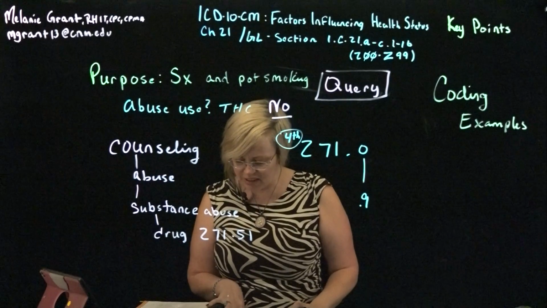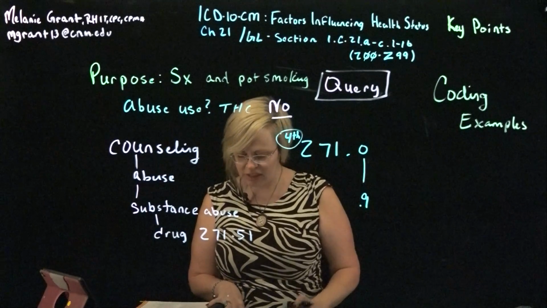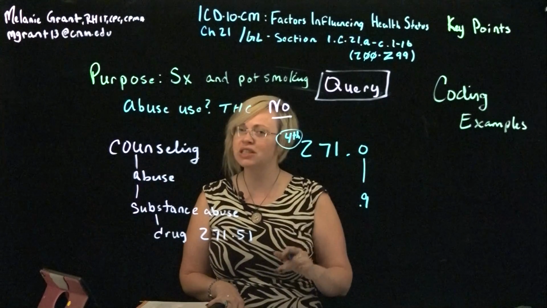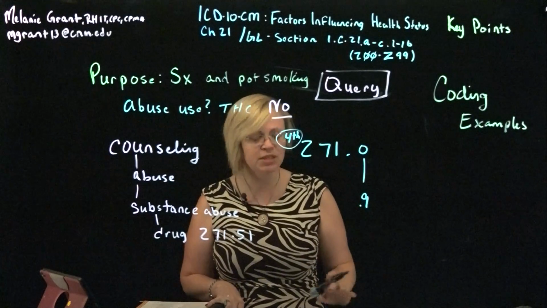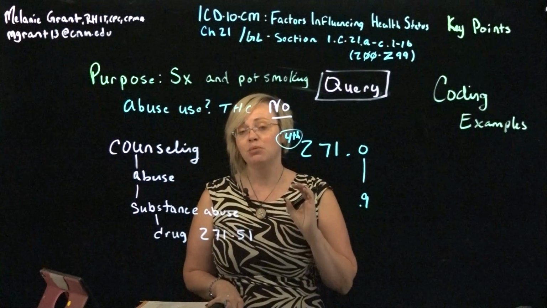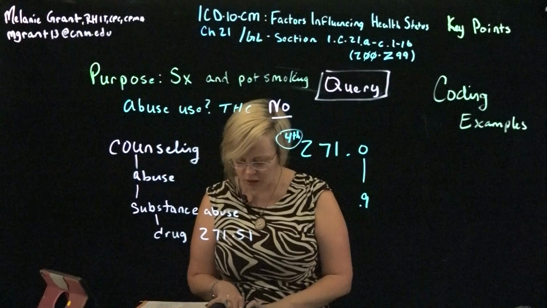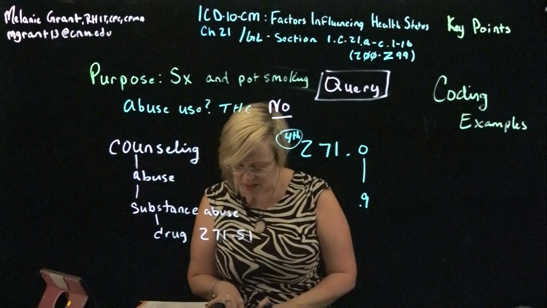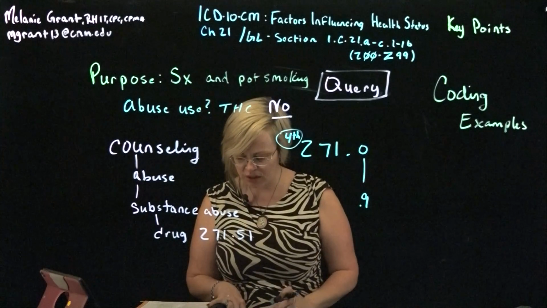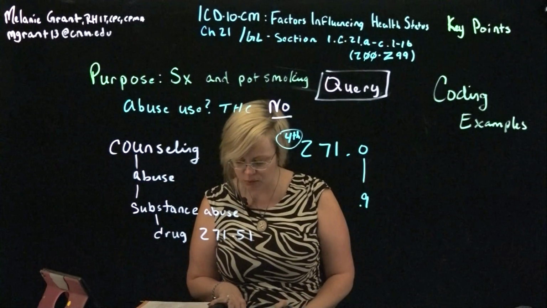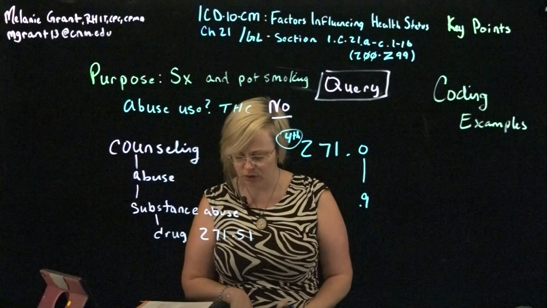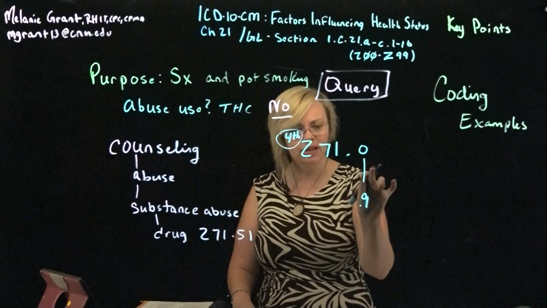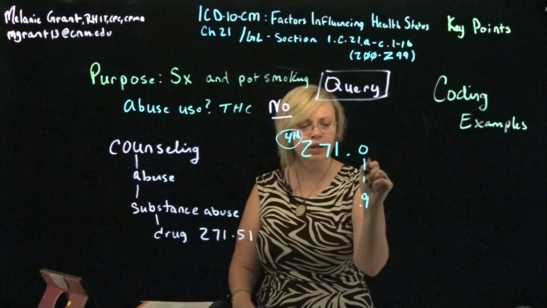Under Z71.5, aside from using the additional code, which for this video we're just going to say would be something to query because there wasn't enough information with a precise condition, I would then look at the difference between 51 and 52. The difference here is one is for the drug abuser themselves and one is for a family member of the drug abuser. So in this case, with the query, Z71.5 would be appropriate.